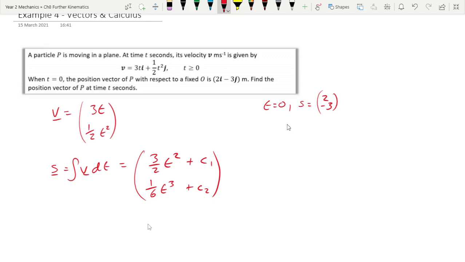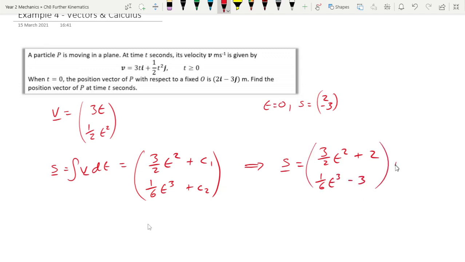So I could fill in 2 minus 3 as s and t equals 0. If I do that, because it's t equals 0, I'll actually just end up with c1, c2 equals 2 minus 3. So I can just say straight away here that actually s is 3 over 2 t squared plus 2. And then on the bottom we've got 1/6 t cubed minus 3.